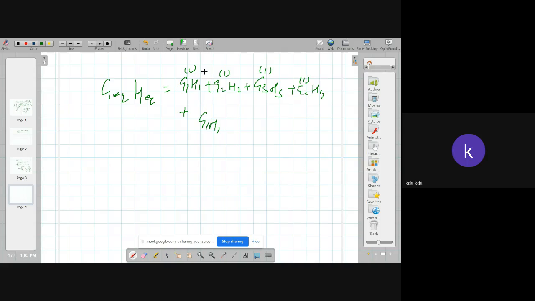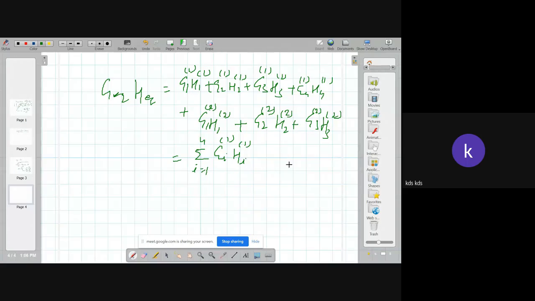So this is the summation of GiHi, for power station number 1 with i from 1 to 4, and for power station number 2 with i from 1 to 3, equal to G equivalent H equivalent.